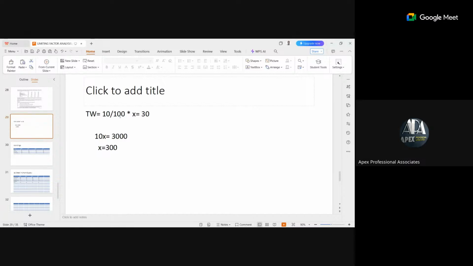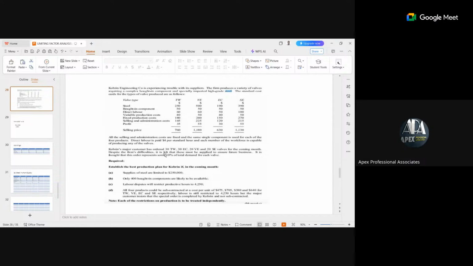When you simplify this simple equation, you discover that the value of X for TW will be 300, which shows that the total demand for TW is 300. So 10% of 300 will give you your special order of 30 for TW.